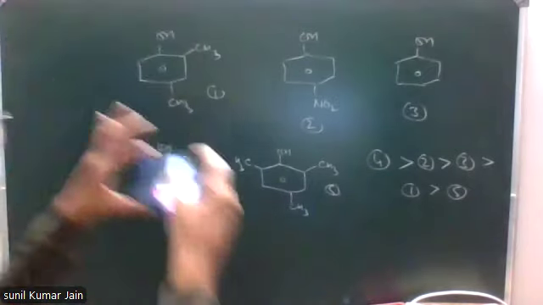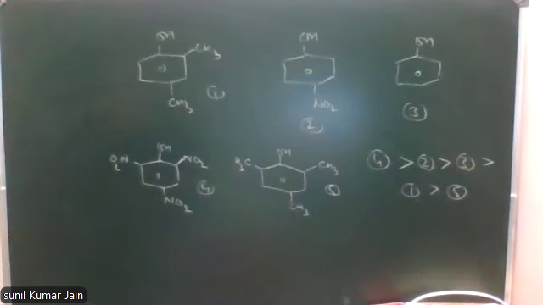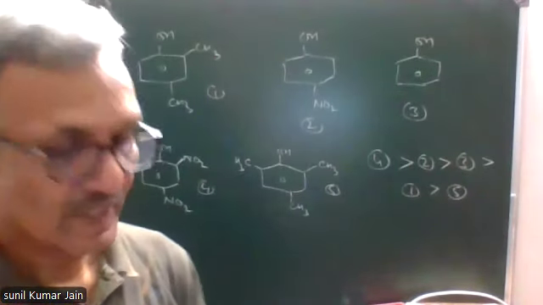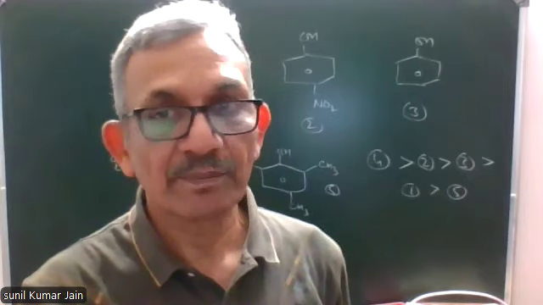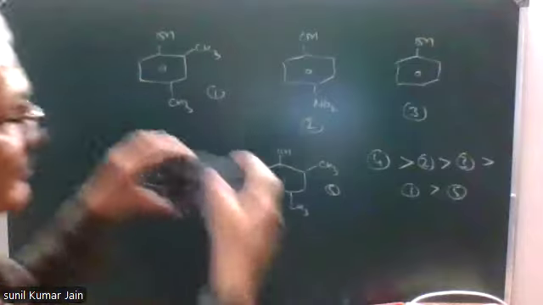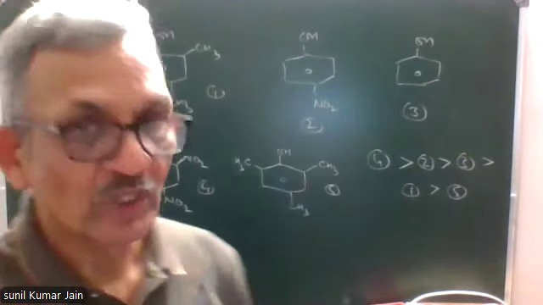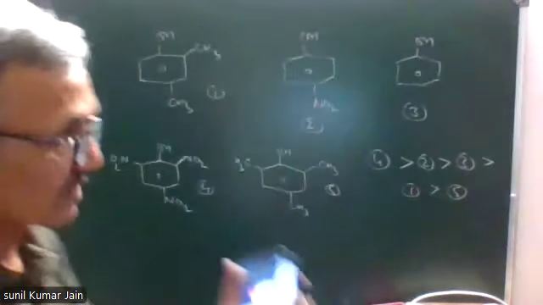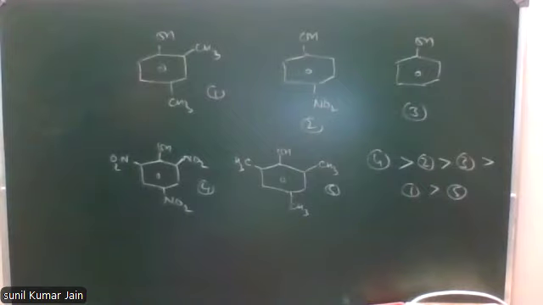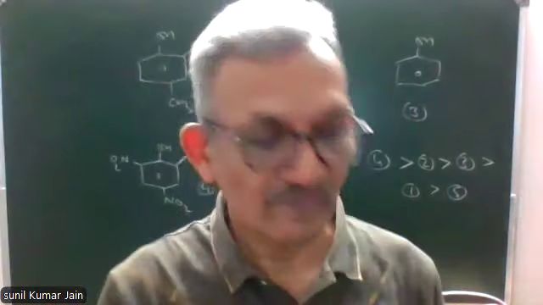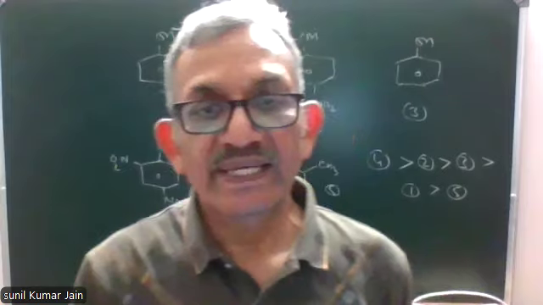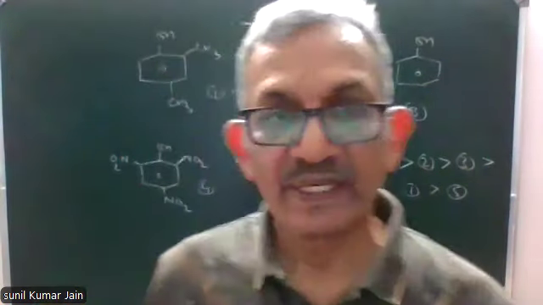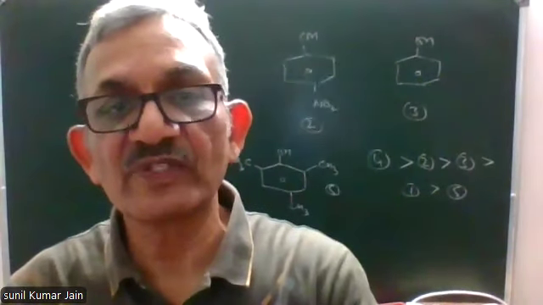Apart from acidic nature, alcohols and phenols are basic as well, because they carry two LPs, two lone pairs of electrons, at the oxygen atom, one of which can be donated. And you know, lone pair donors are Lewis bases.